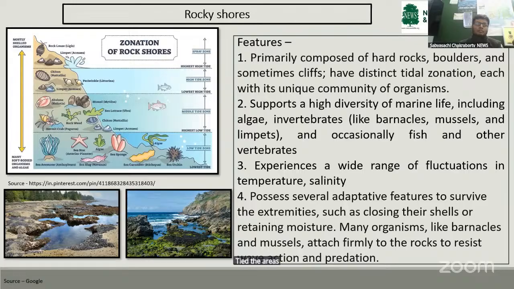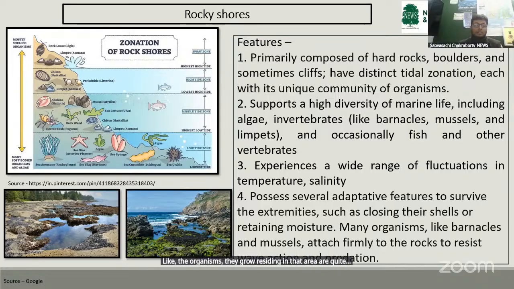Even if you have visited any rocky beaches, you will find that the tidal impact is very much higher in those regions, and if you look closely, you will find the organisms residing in that area.